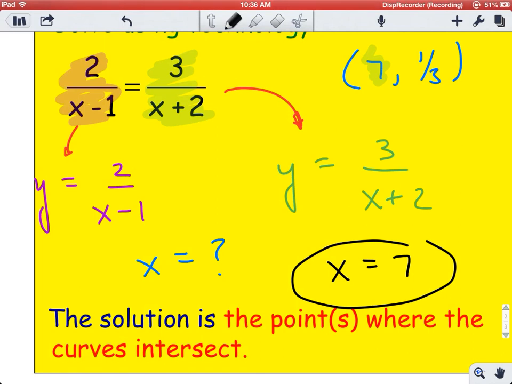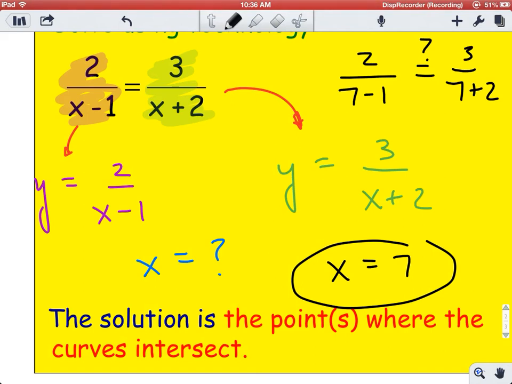And if we were to plug that in, we could see it. So I did this on purpose. I selected a fairly simple equation for us to take a look at. And if x is 7, let's take a look at it. 2 over 7 minus 1, does that equal 3 over 7 plus 2? Yeah, we're going to get 3 over 9, and we're going to get 2 over 6, both of which reduce to 1/3.